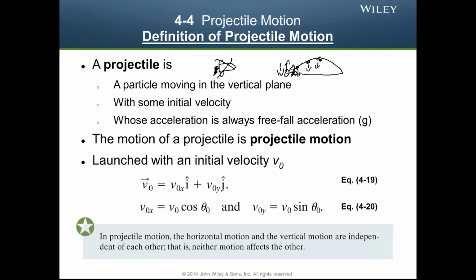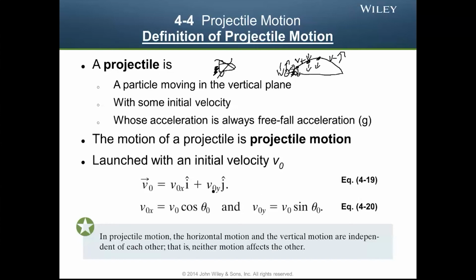Once that happens, gravity takes over and starts accelerating it downwards. So the velocity starts increasing in a negative fashion. Here we can see velocity is positive and it is decreasing. And over here, we can see velocity is negative and it's increasing. As it goes further and further down, it's going faster and faster until it hits the ground.